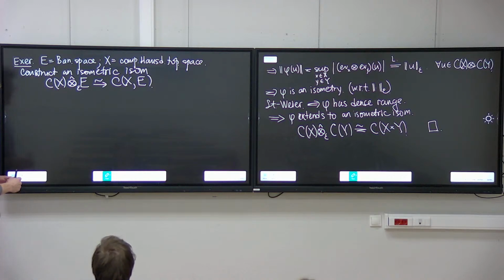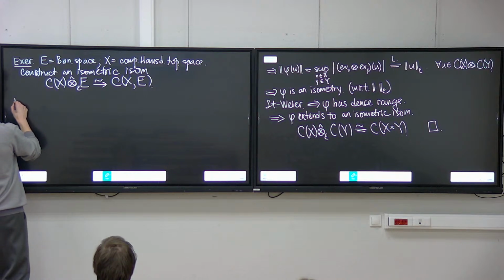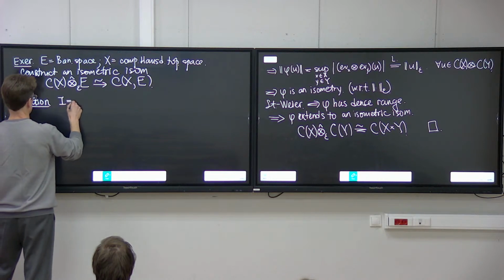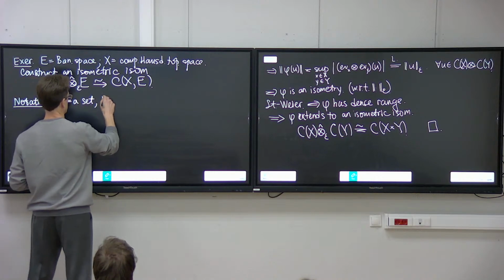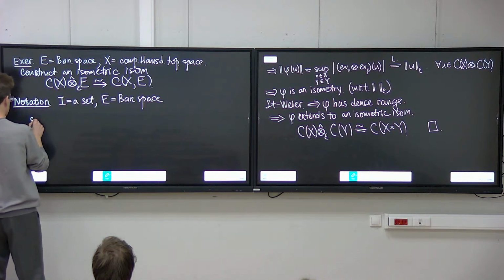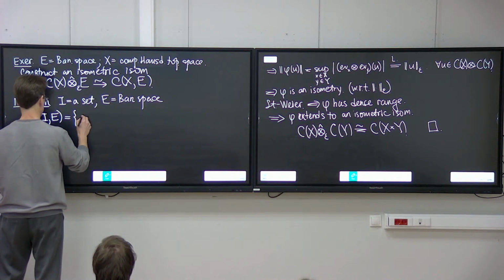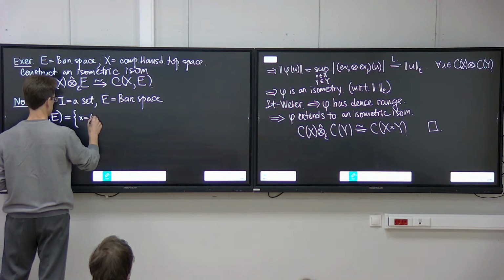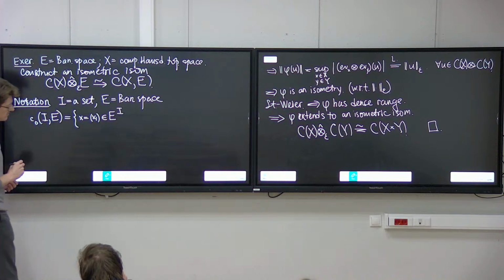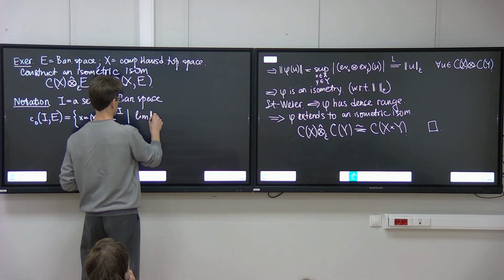Let's also look at a discrete analog of this fact. Let's use some notation. Suppose that I is a set and E is a Banach space. Let's define little c0(I,E), the set of E-valued sequences x_i, so formally functions from I to E, such that they vanish at infinity.